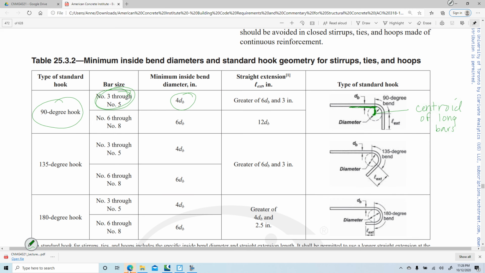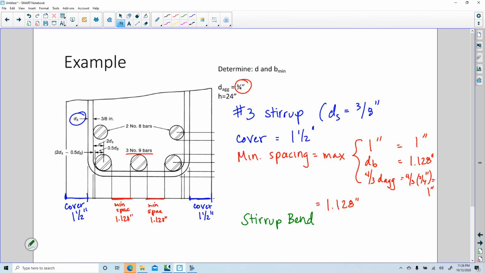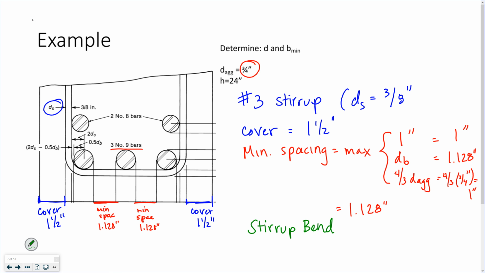That's where we want to put our reinforcement. I realize it's kind of drawn the other way, but we are going from the inside to the centroid.